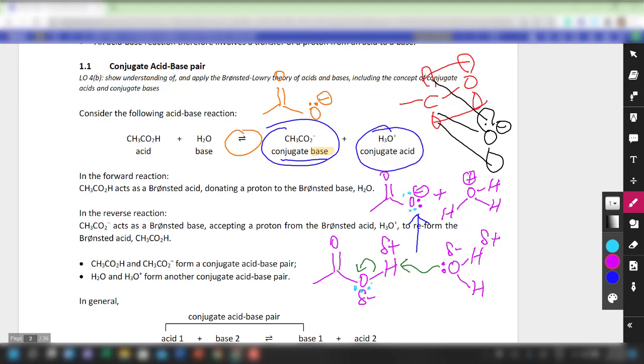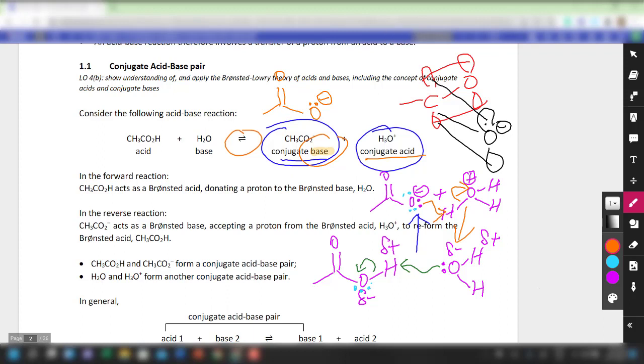Then you will also notice that for this particular system, because the ethanoate is a conjugate base, the lone pair will also abstract a H+ back from H3O+, otherwise known as the conjugate acid. Then the OH bond will undergo heterolytic cleavage and break towards the oxygen, and it will neutralize the charge, and I will get back ethanoic acid and H2O.